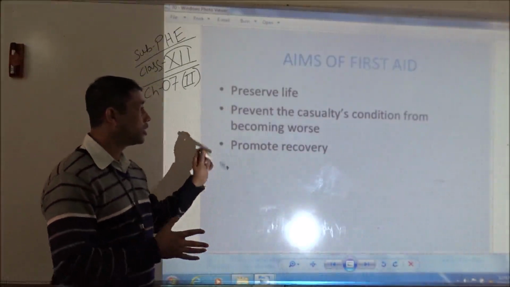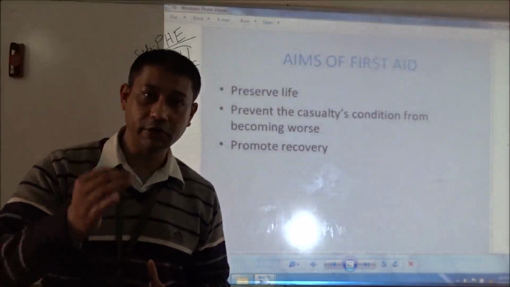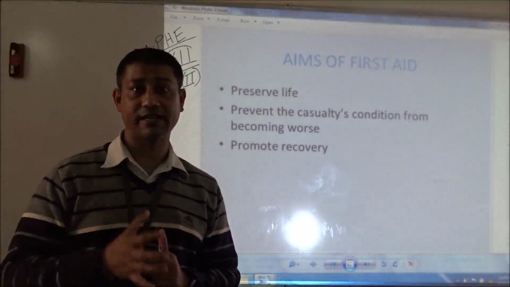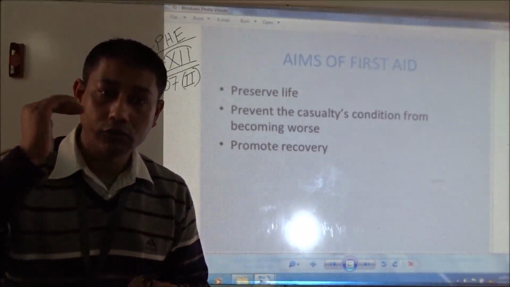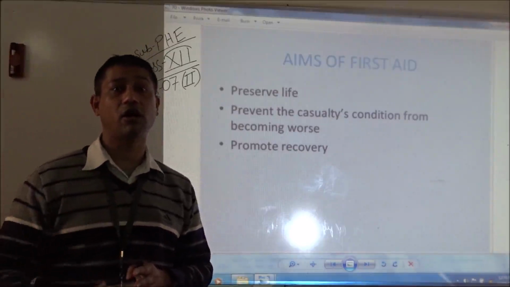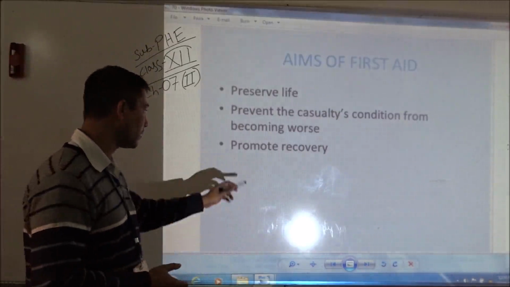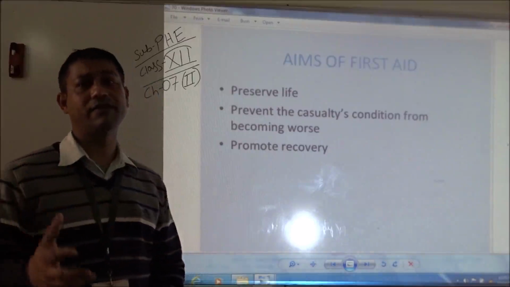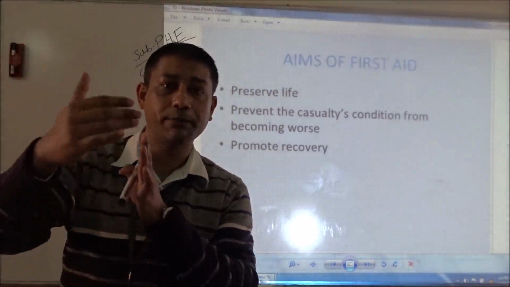Second is to prevent deterioration. It is the duty of the first aider to try not to deteriorate the condition of the sports person or the athlete, and promote recovery. Recovery should be promoted.